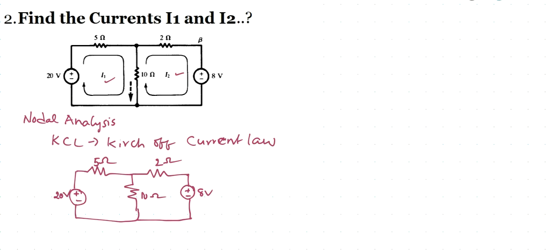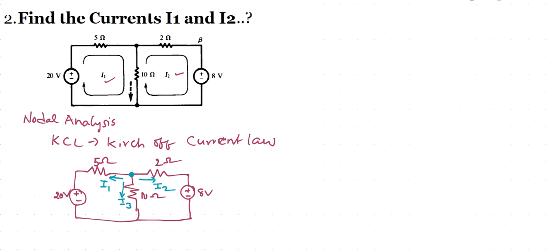Now I am considering this as a node, because more than 2 elements are joining here. Here I will consider this current as I1 and this current as I2. There is another current flowing through this 10 ohms resistor, called I3.